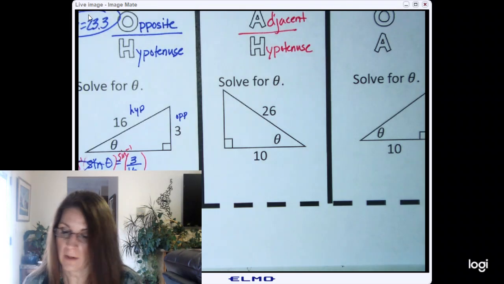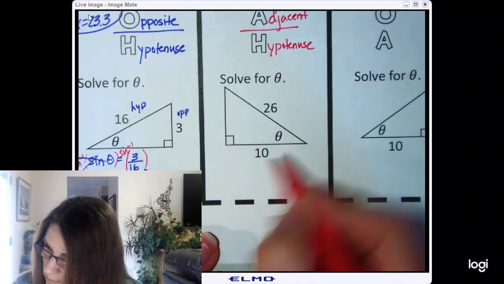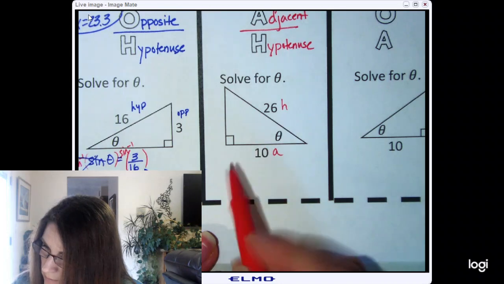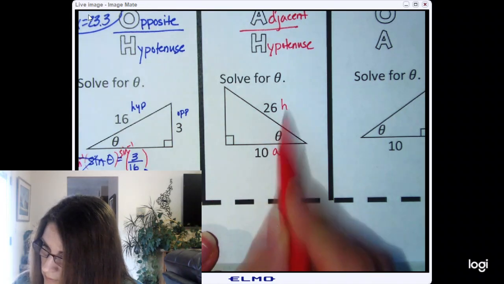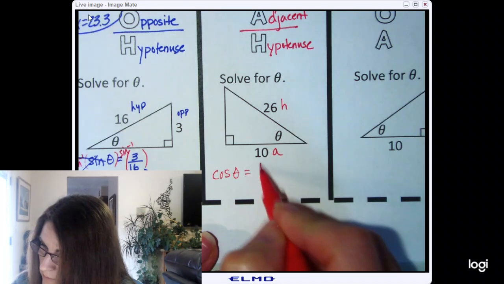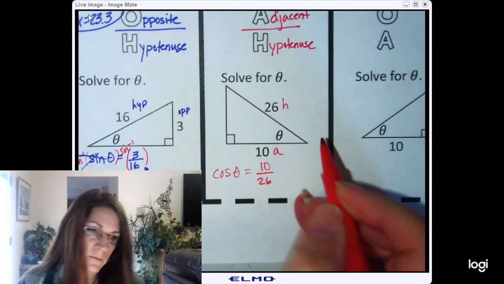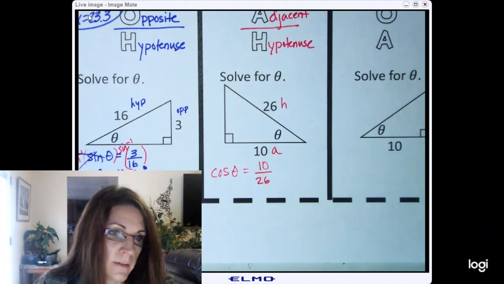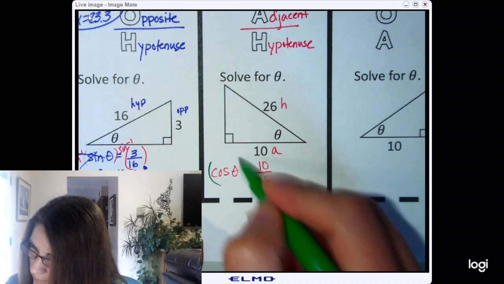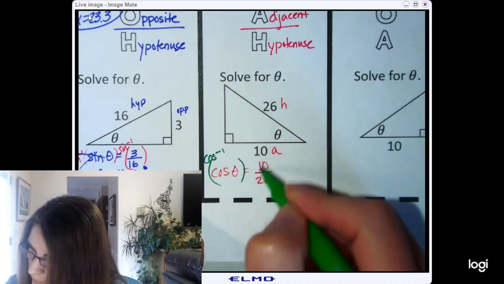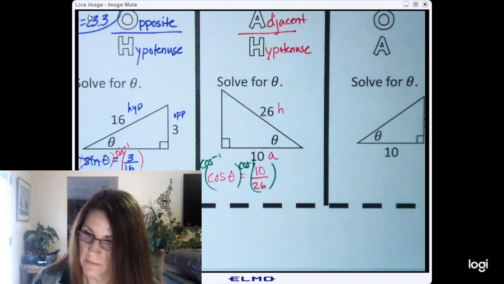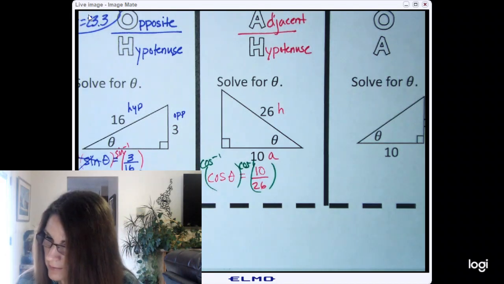Going to solve for an angle down here with inverse cosine. Here is the hypotenuse. Here is the adjacent side. All right, so that means I have to use cosine of theta is adjacent over hypotenuse. Okay, now I would need to get rid of that cosine, so inverse cosine of both sides. Type it in my calculator like I see it again.